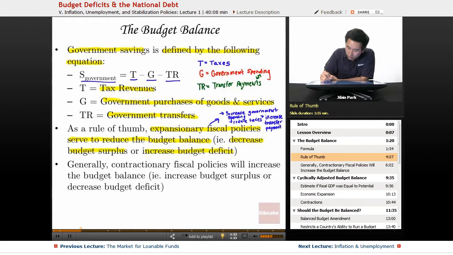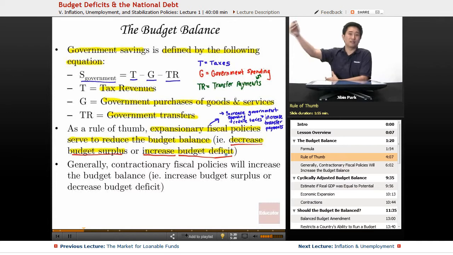If you do that, and let's say you had a budget surplus, then if you use expansionary measures, the surplus you have is going to reduce, or if you're already in a budget deficit, the budget deficit is going to increase. In the late 2000s, around 2009, 2010, the U.S. budget deficit exceeded $1 trillion.